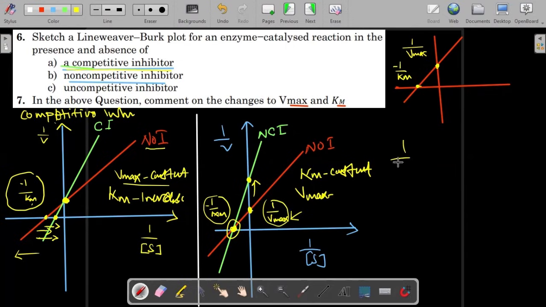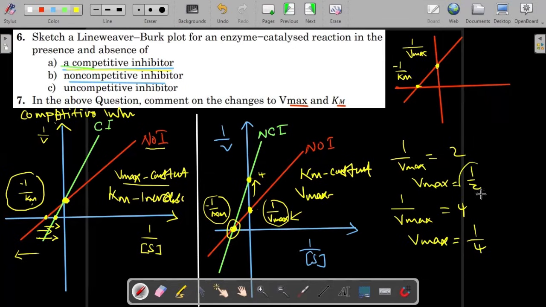Let's find the Vmax there. If this point here was 2, then when I find the Vmax here, Vmax will just be equal to 1 over 2, okay? And then if it goes up like that to that point, let's say it has gone up to 4, so 1 over Vmax there is equal to 4. So the Vmax value will just be 1 over 4.